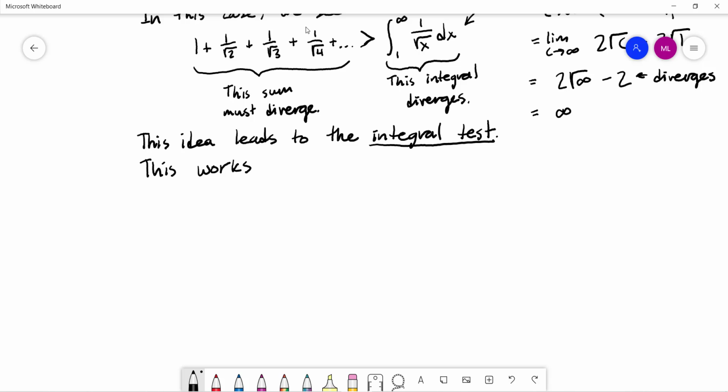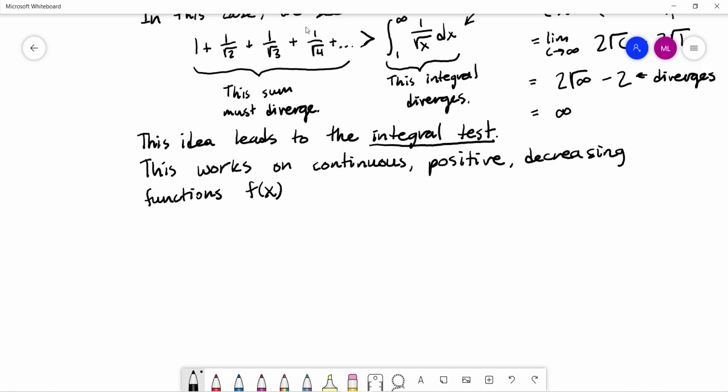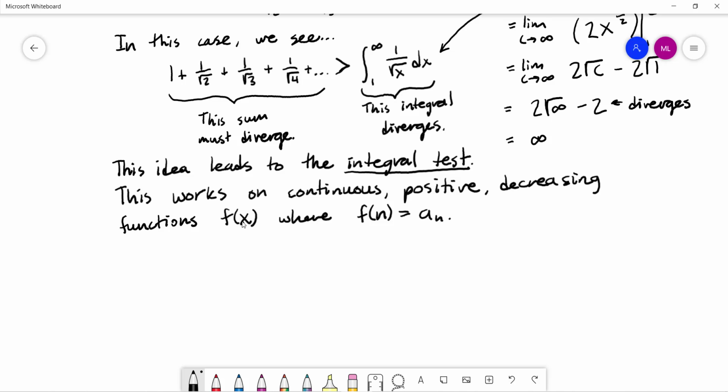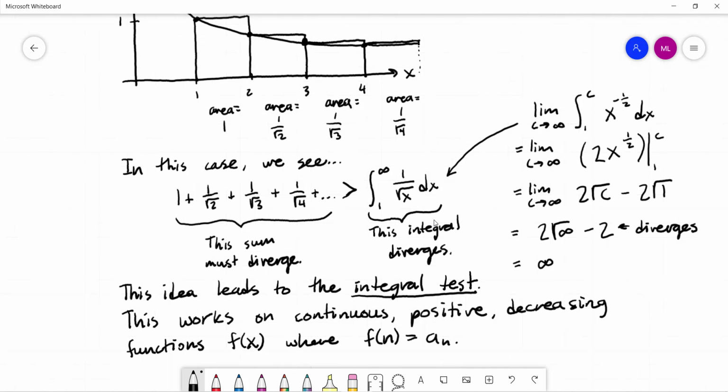So it works on continuous, positive, decreasing functions, f of x, as long as f of n is equal to a sub n. So basically, if you plug in the integer values for x, you get the associated terms in your series.